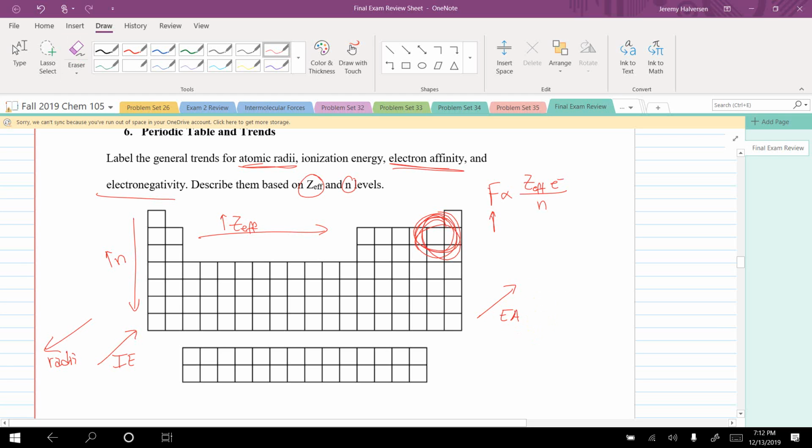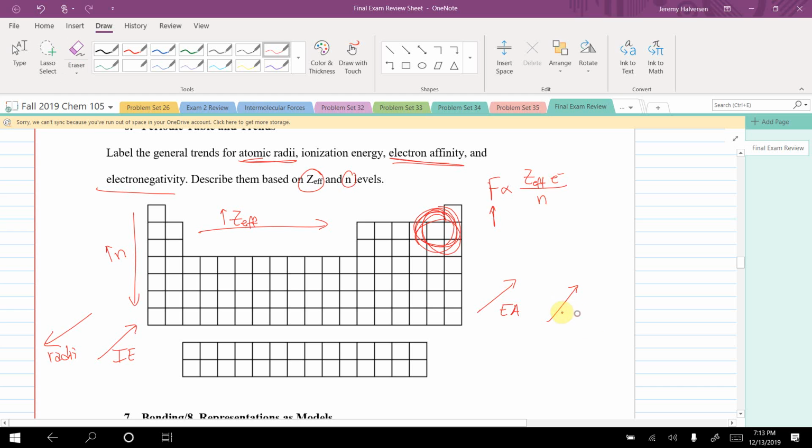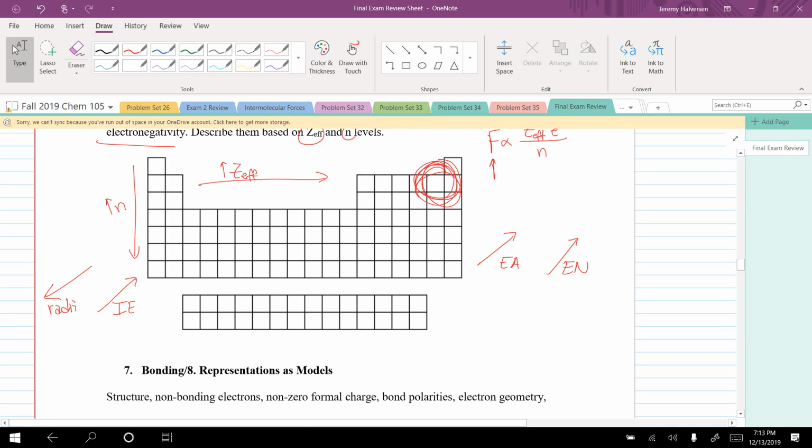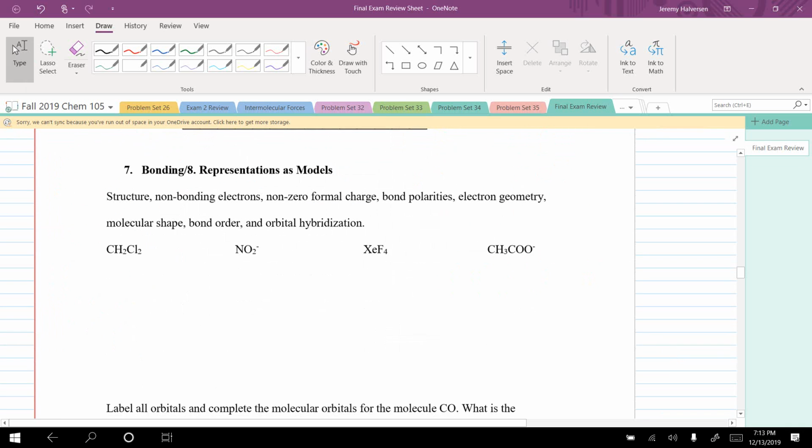No, that's electron affinity. How do we amend that for electronegativity? So he's right, except let's add a few more words. It's how much an atom pulls on electrons in a bond. That's the difference between electron affinity and electronegativity. Electronegativity is in a bond. But it's the same idea, so we're still going to do that. Sound good? All right.